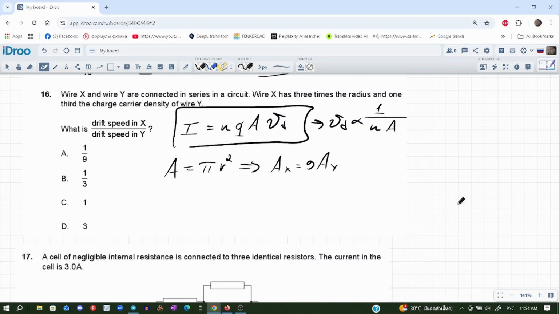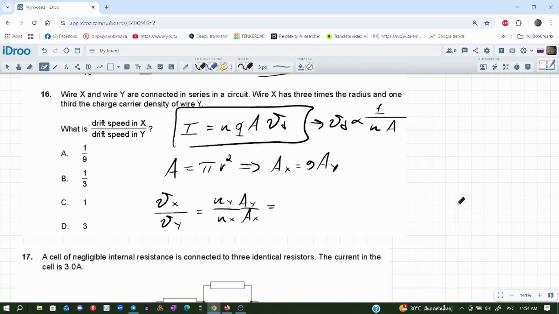And then we will use this. We will say that Vx over Vy, this ratio, equals Ny over Nx times Ay over Ax, which is Ay over Ax equals 1 over 9, right?